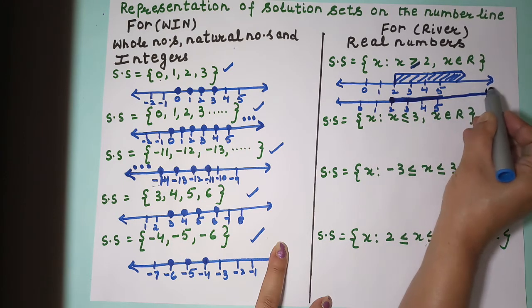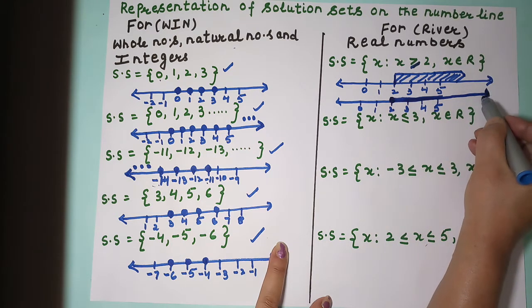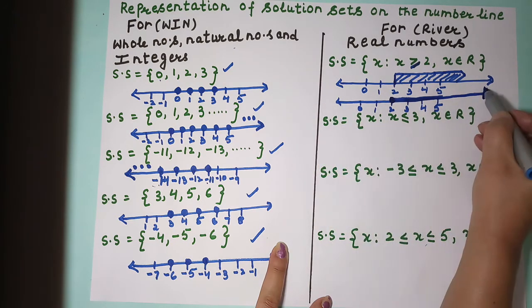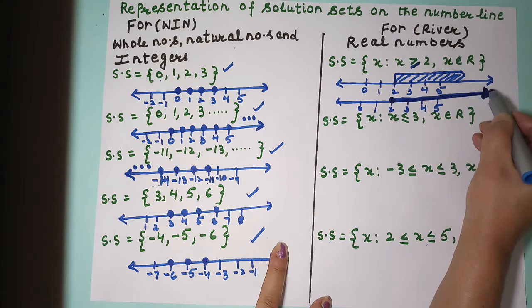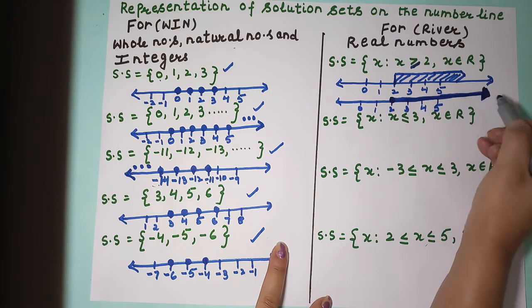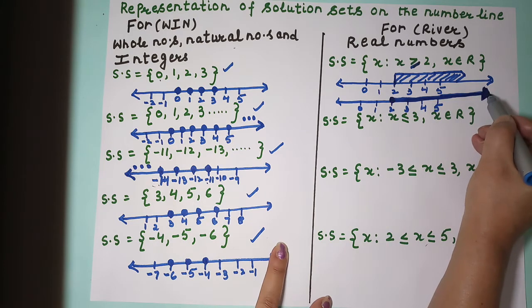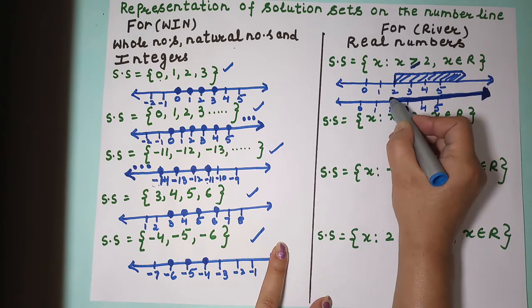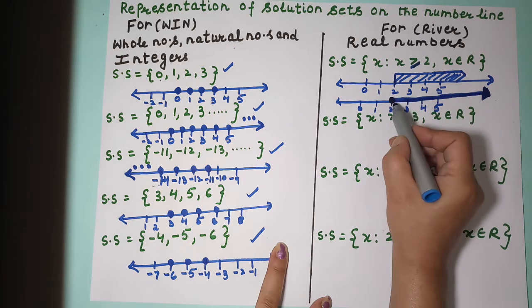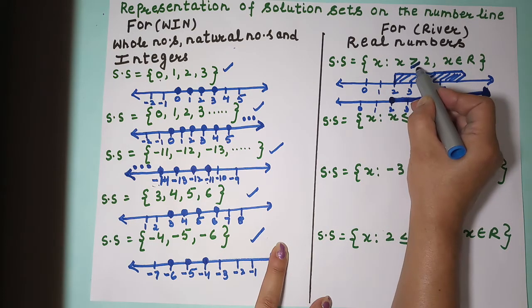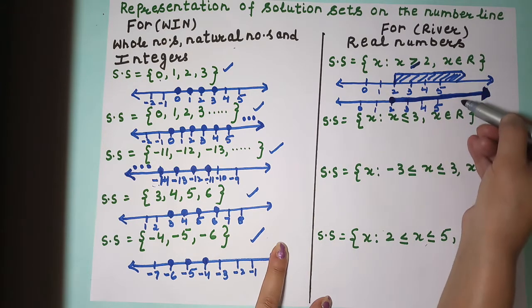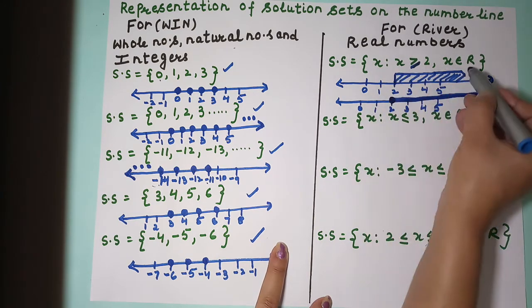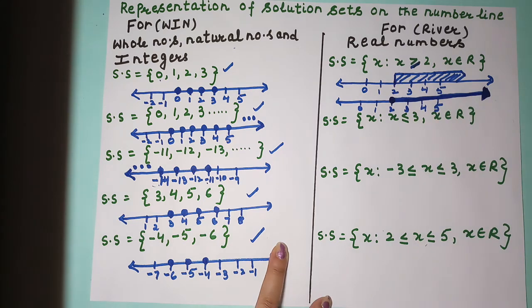Along with this, the arrow should also be darkened. It should be visibly darker than the other side of this arrow. So what you have done is you have darkened this arrow, and this is visibly darker and bigger than this arrow. A dark circle here indicates that equality sign is also along with 2. So you can choose any of the two methods to represent this solution set on a number line.